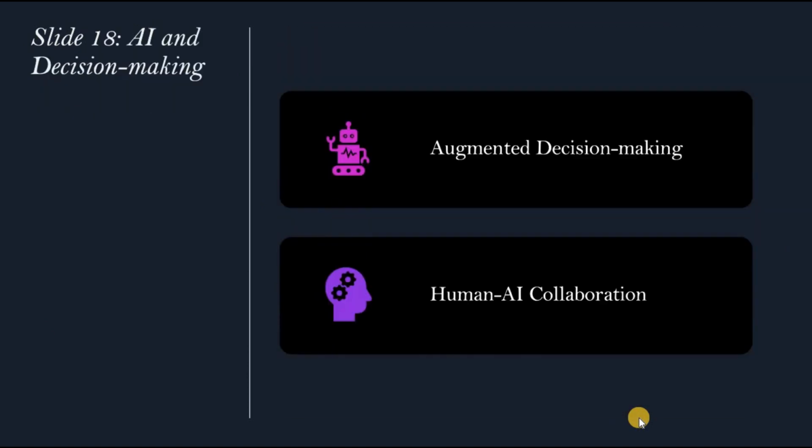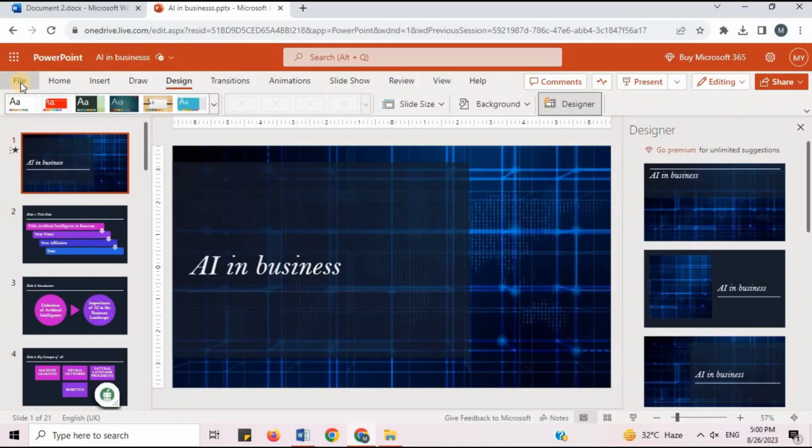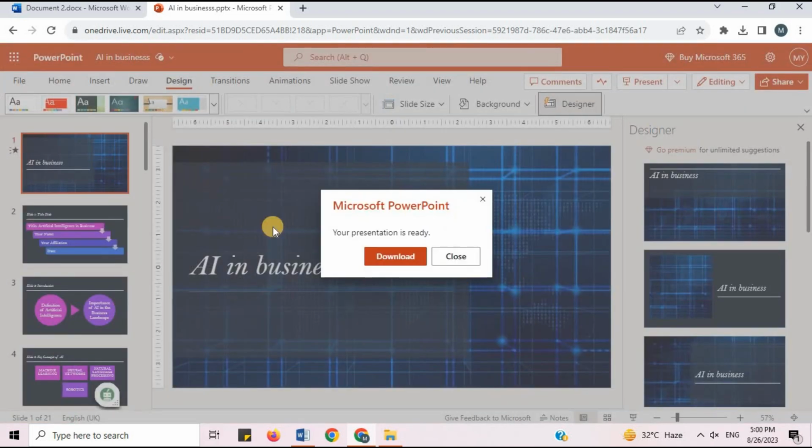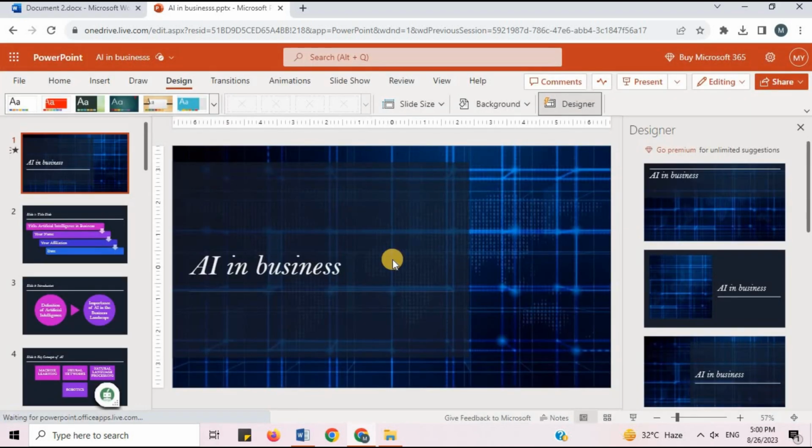Now, I want to save it on my computer. For that, go to File, select Save As, click on Download a copy, click on Download. In this way, the PowerPoint presentation is downloaded on my system.